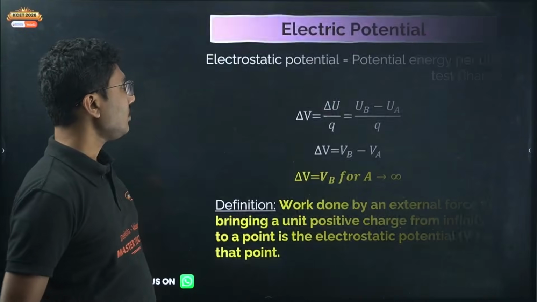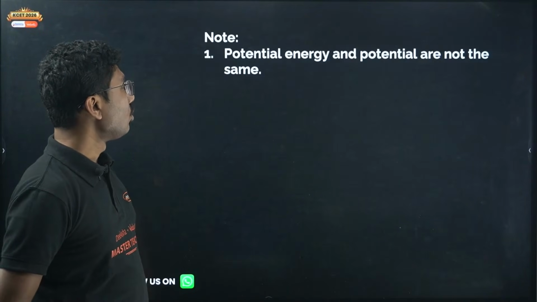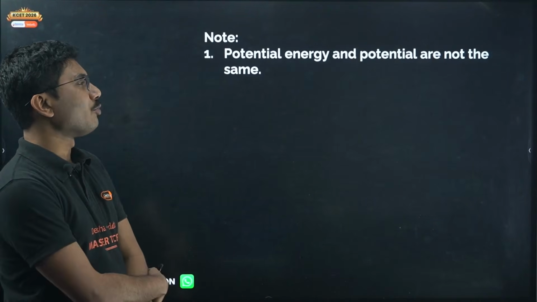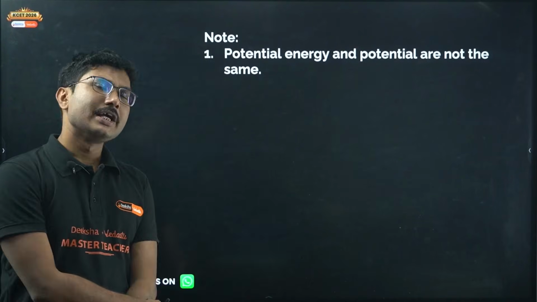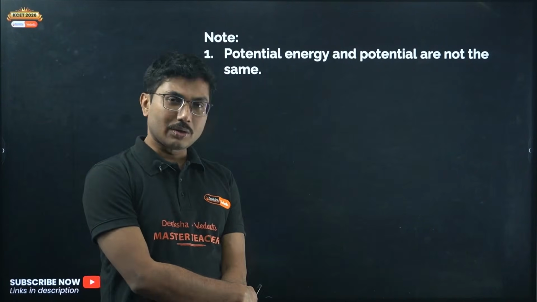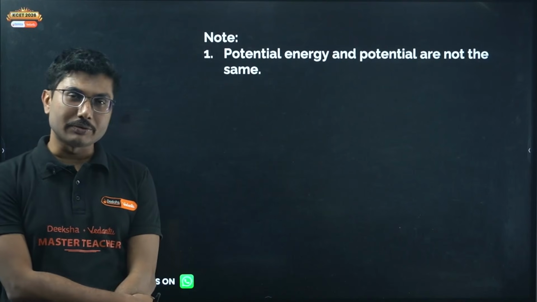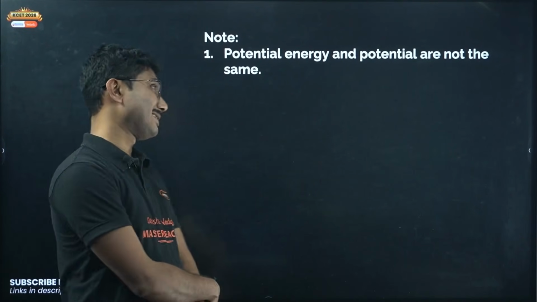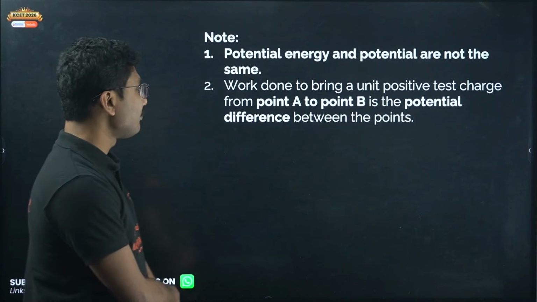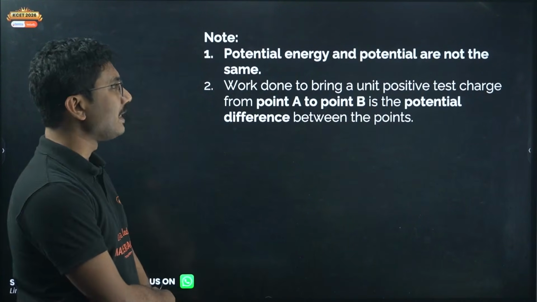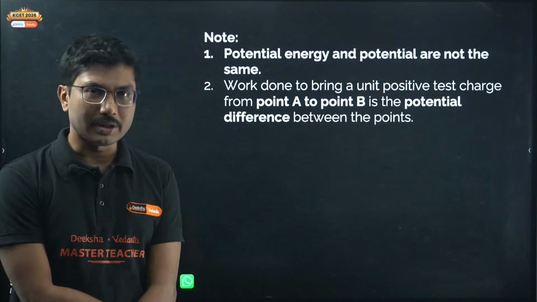Note, potential and potential energy are not the same. Potential energy is the total work done, whereas potential is for one unit positive test charge. The work done to bring a unit positive test charge from point A to point B is the potential difference between the points.